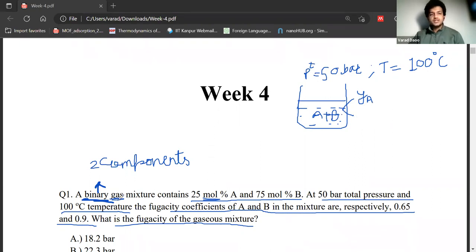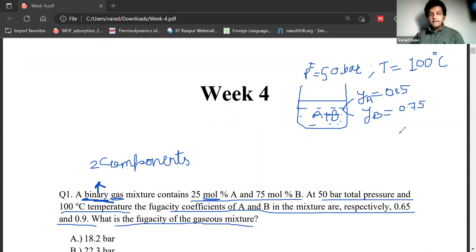As it has been mentioned that it's a complete gas, the mole fractions are vapor phase mole fractions. So yA is given as 0.25 and yB is given as 0.75.